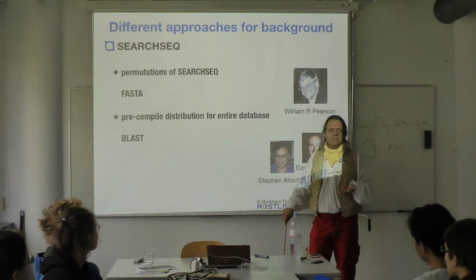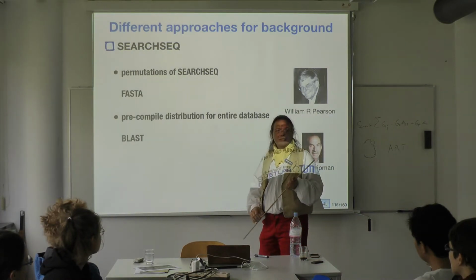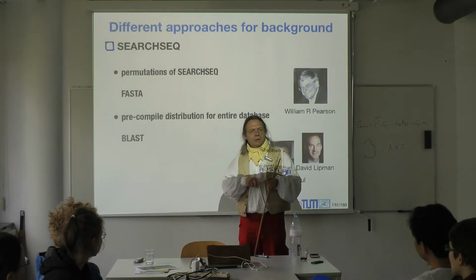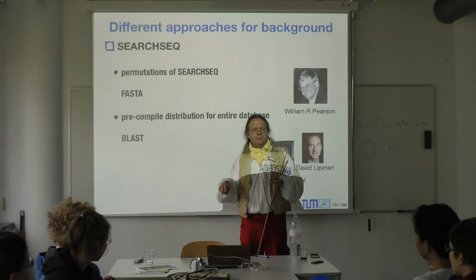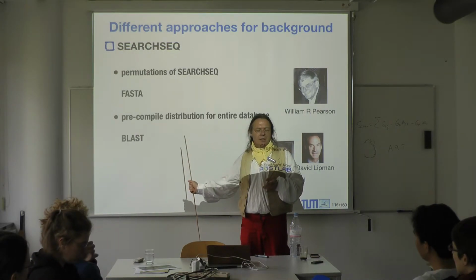BLAST, do you know how BLAST does it? It's pre-compiled for the database. Essentially, all it ever uses is the composition. So it simulates the distribution based on the composition. And that's why it can be so tremendously fast.